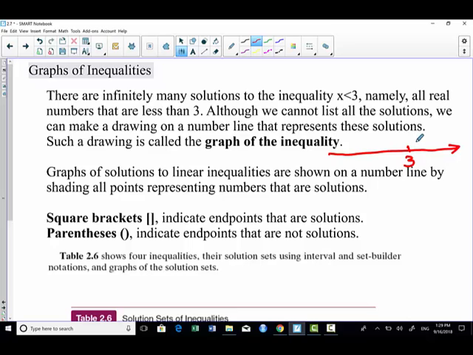And then we're going to shade the part to the left of 3 on the real number line to represent all the numbers that are solutions, because we understand the smaller numbers on the real number line are on the left, and the inequality is x less than 3. At last, we're going to use parentheses to indicate that 3, the endpoint, is not a solution.